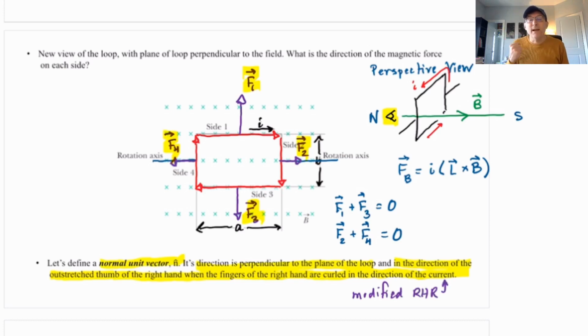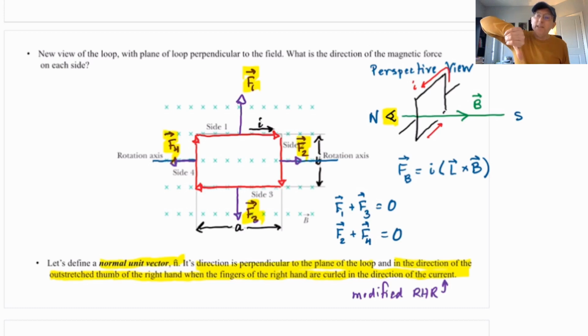So what you do is you take your right hand, stick out your thumb like you're hitchhiking, take the palm of your hand with your fingers and reach in with your fingers as if you were going to wrap them around the loop the way the current is flowing. As I look at the screen here, the current's flowing clockwise, so I have to have my fingers curling clockwise. If I did it this way, my fingers would be curling counterclockwise.